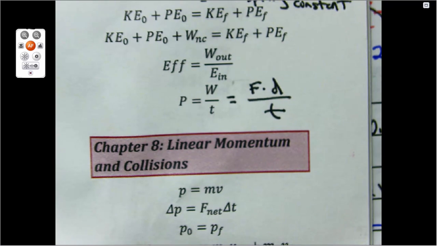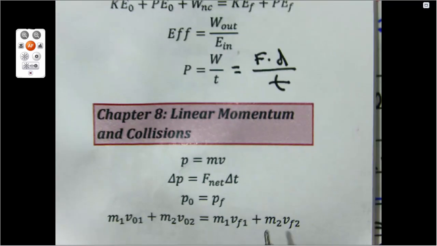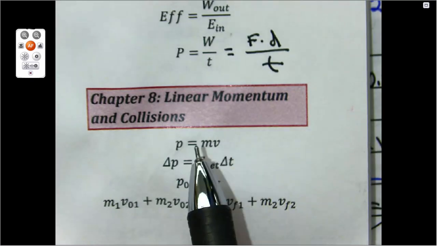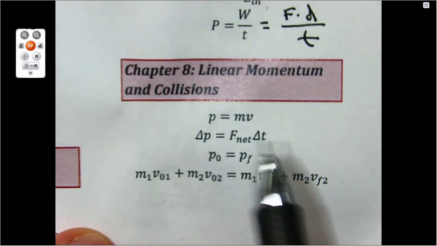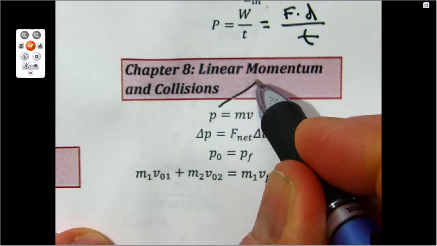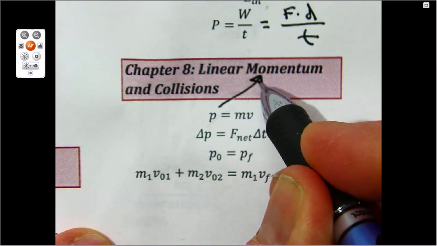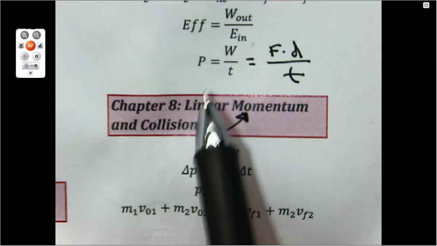Okay, so that's what we did for chapter 7. For chapter 8, it adds momentum, which is just mass times velocity, right? P is momentum. Capital P is power.